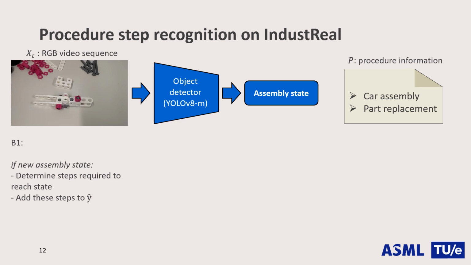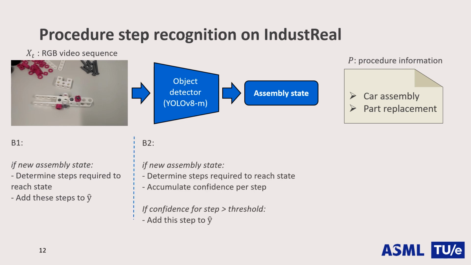B1 is naive. If it sees a new assembly state, it will determine the steps required to reach this state according to the procedure information and add these steps to the predictions. Baseline 2 also takes the assembly states as input, but after determining which steps are required to reach this state, it accumulates these based on the confidence of the prediction.